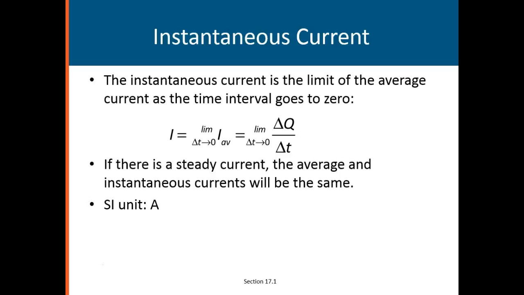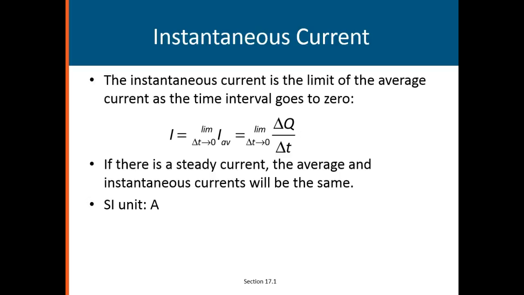Instantaneous acceleration was change of velocity over change of time as the change of time went to 0. So instantaneous current would be the limit, as delta t goes to 0, of delta Q over delta t, as that delta t gets smaller and smaller and smaller.